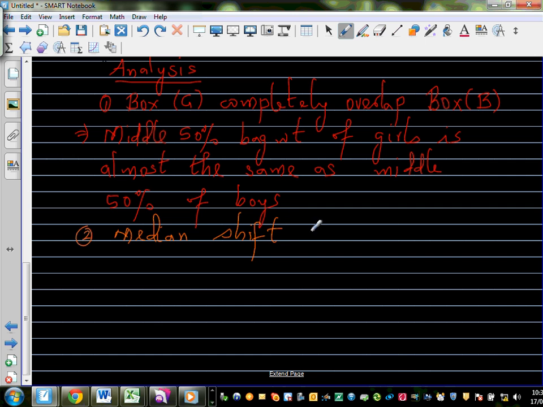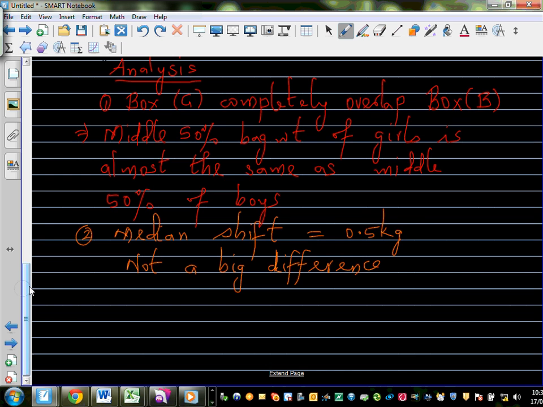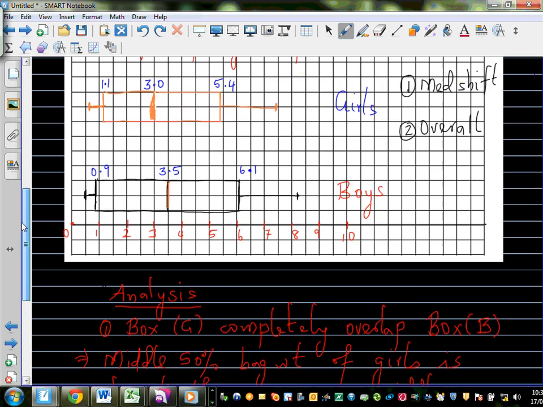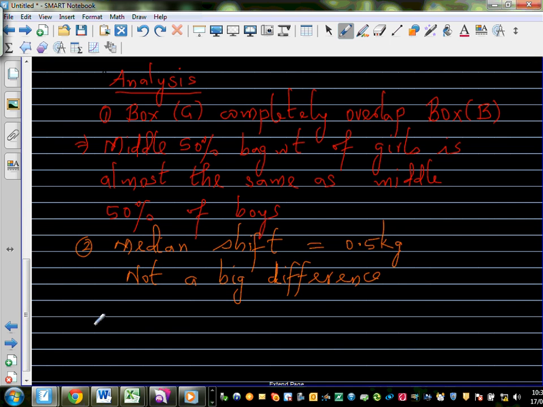So the median shift is only 0.5 kg, and you can say this is not a big difference. Now your answers can vary. Some of you may say, well, 0.5 kg, half a kg, is a big change. That's fine. So based on these two things, what can we conclude?